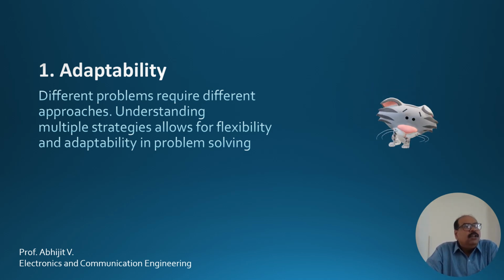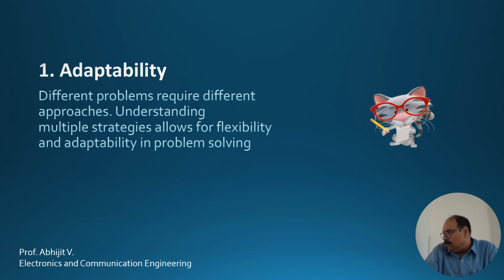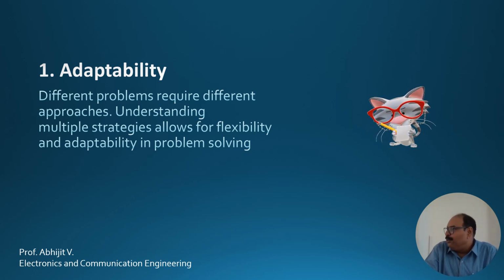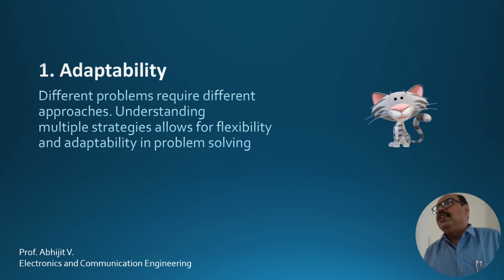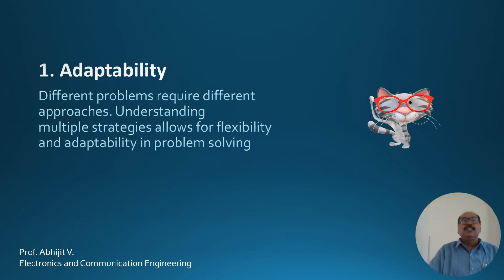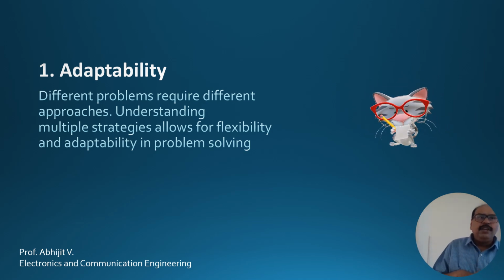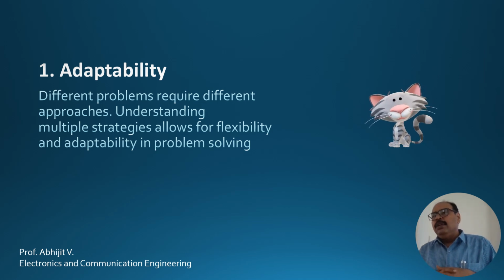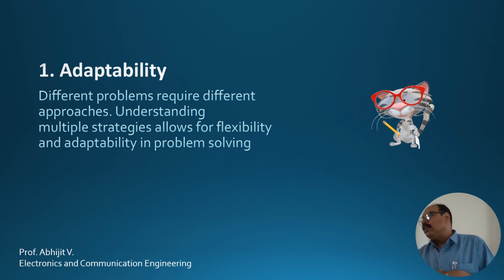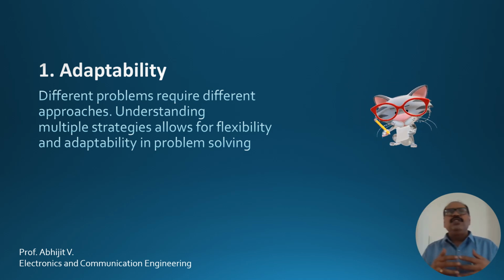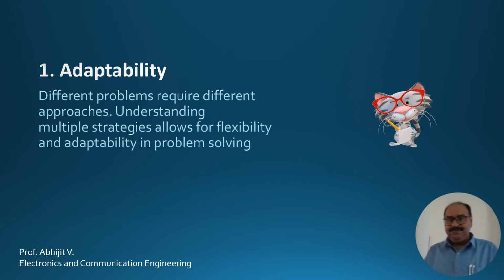All of a sudden, you got something else coming. So what you can do, you can adapt to the situations in different ways. So this is the first thing that you need to do. You should understand how you can adapt to different situations as and when every situation pops up.